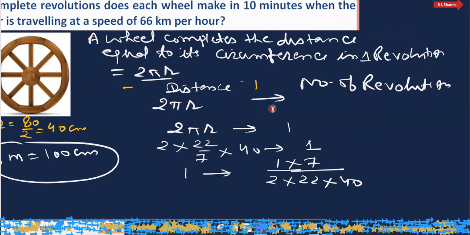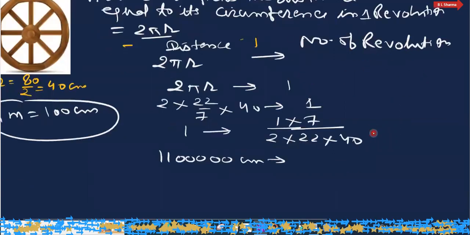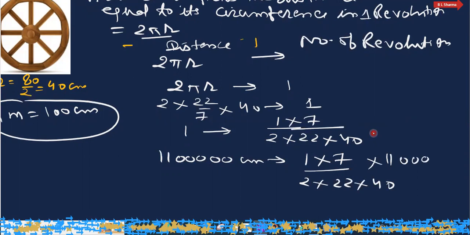That is 11 लाख सेंटीमीटर. So we need 1 into 7, 2 into 22 into 40, and you please simplify. You simplify this, I think you can simplify it easily. This will be 4,375. You can take time and you can simplify easily. आप चाहें तो इसको पहले से भी simplify कर सकते हैं.